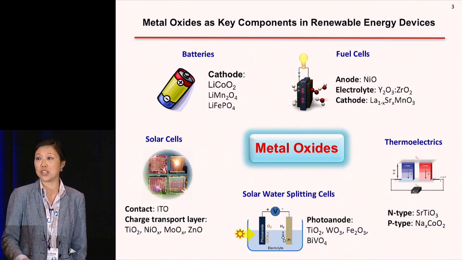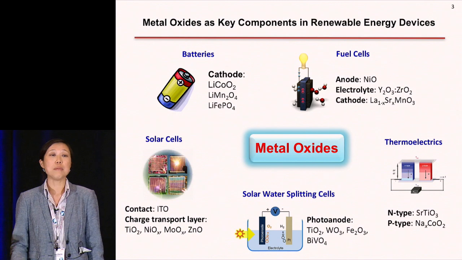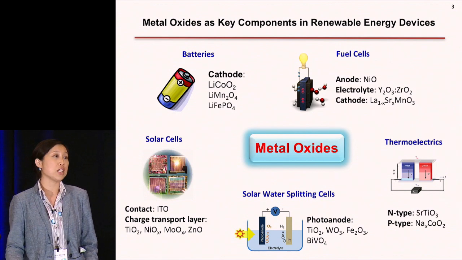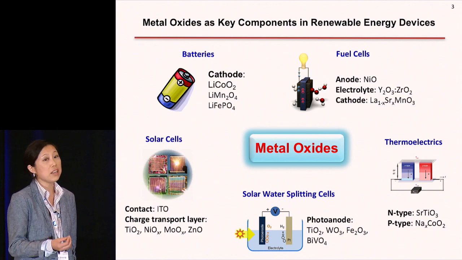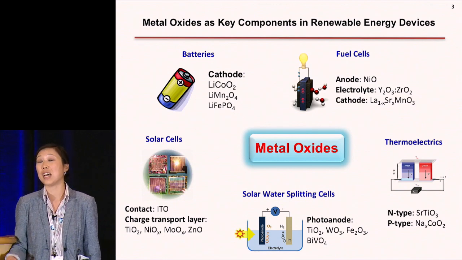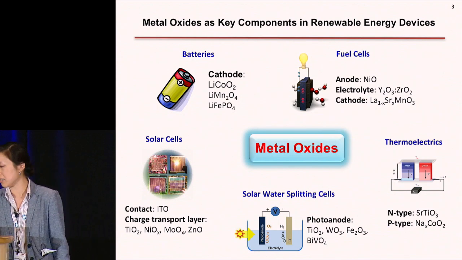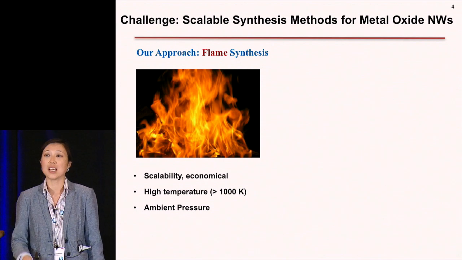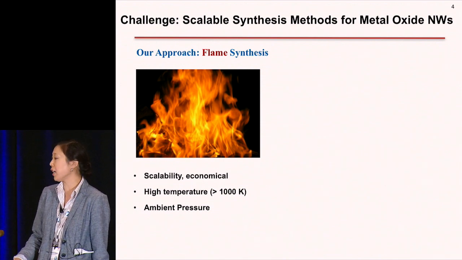So when we think about the energy problem at scale, we have to produce metal oxide in a scalable fashion at low cost. Many of those applications require exquisite design of the nanostructures of metal oxide. So the challenge is how to produce those metal oxide nanostructures in a scalable fashion.